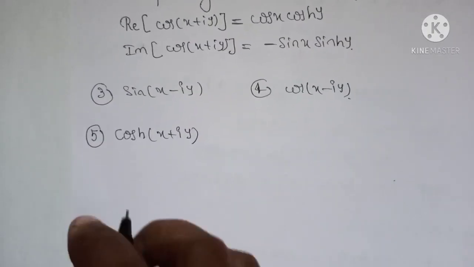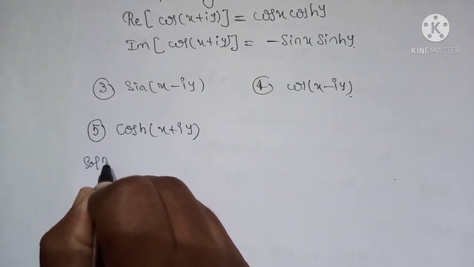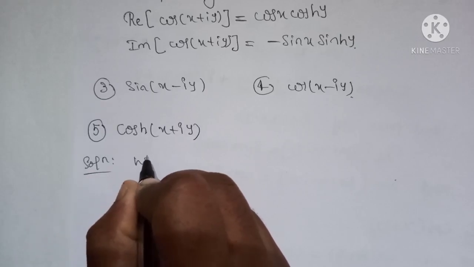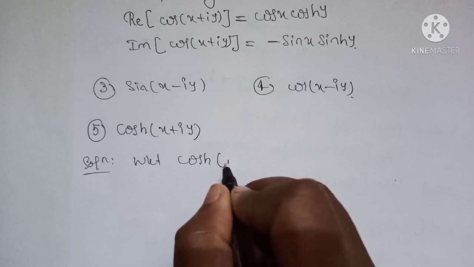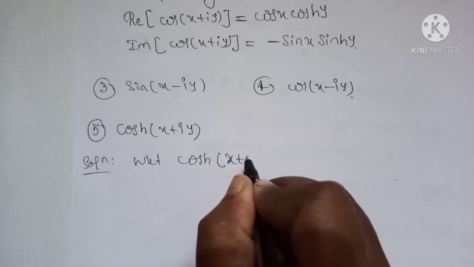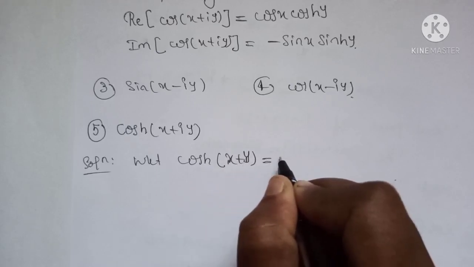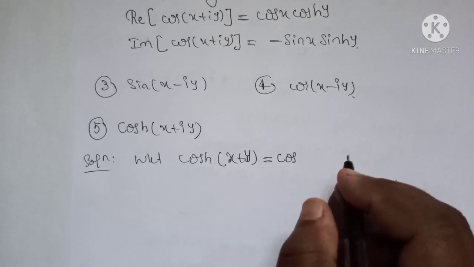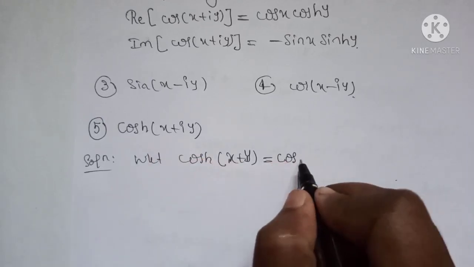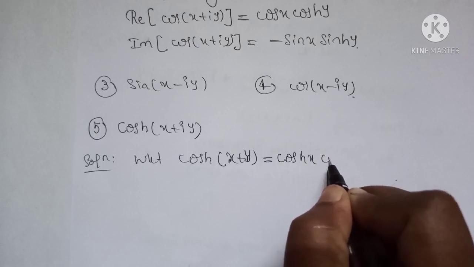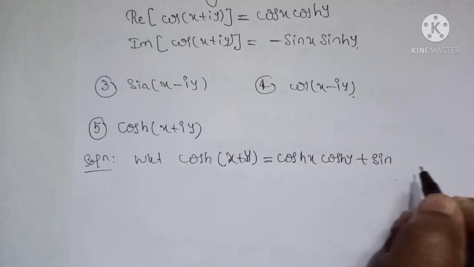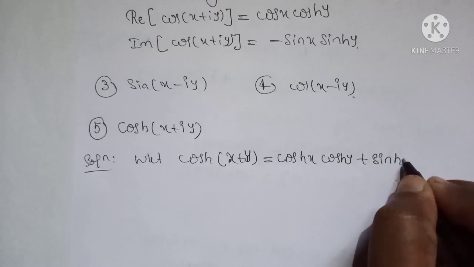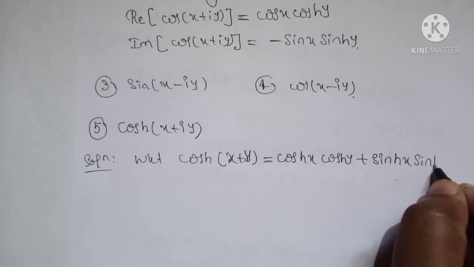We have proved that cosh of a plus b, or x plus y, is equal to cosh x cosh y plus sinh x sinh y.